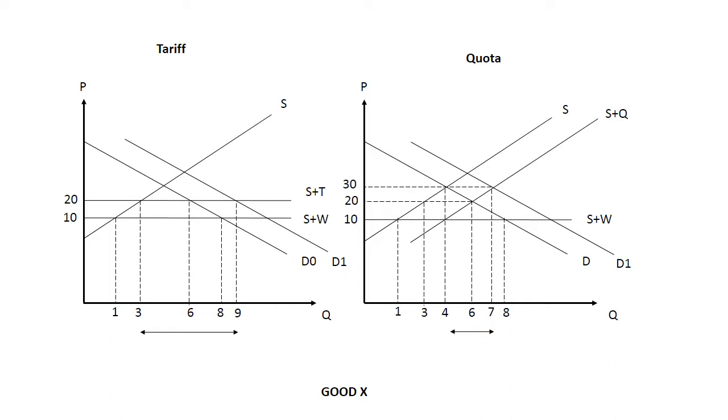Why? Because the government has already limited it to only 3 units of good X that can be brought into the country. Even though demand increases and D shifts to D1, the number of imports will not increase.